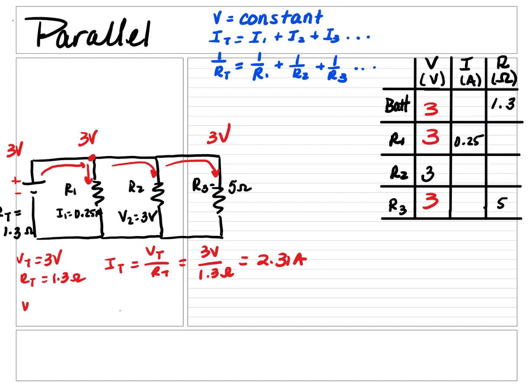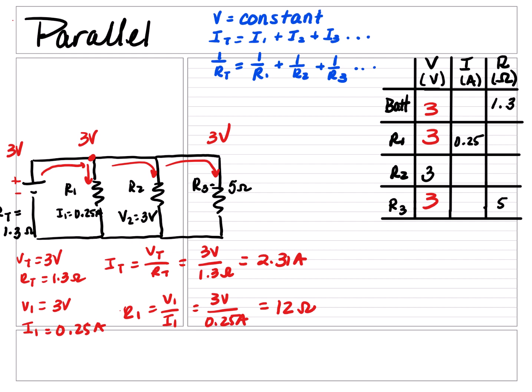We could also solve for R1 because V1 is 3 volts, I1 is equal to 0.25 amps. So R1 is V1 over I1, which is 3 volts divided by 0.25 amps. This is equal to 12 ohms.